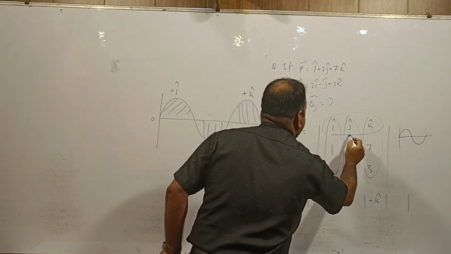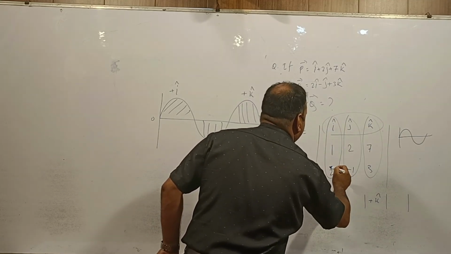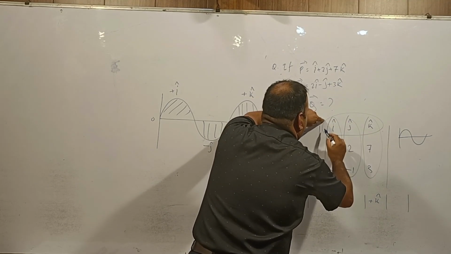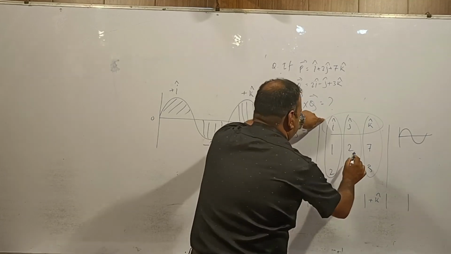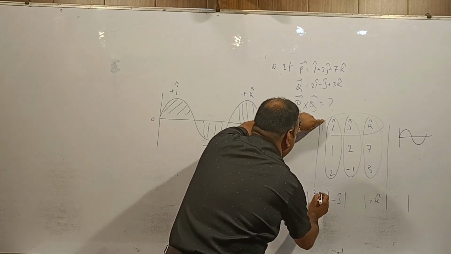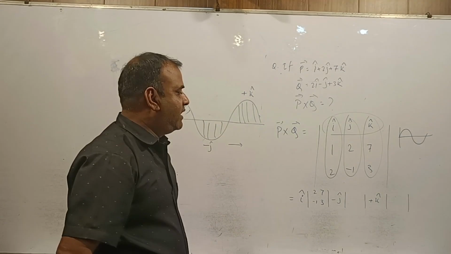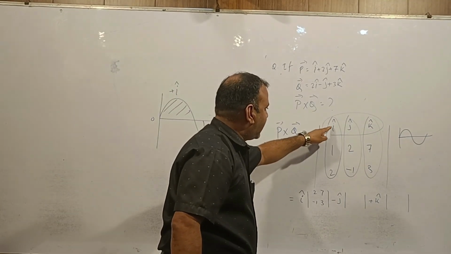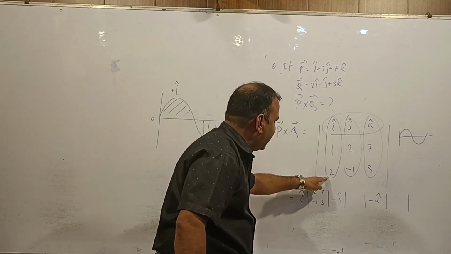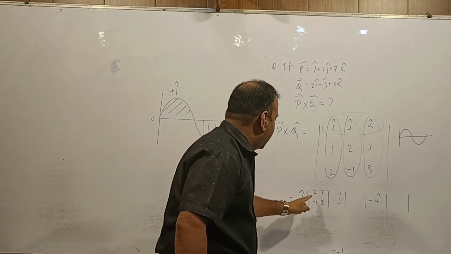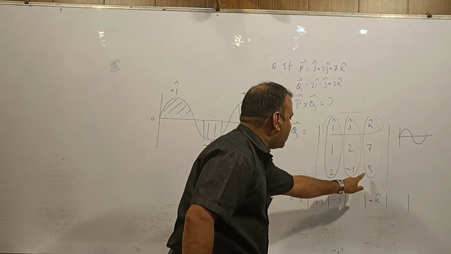That means this is the first row and first column. So when you are taking i, it is related with the first row and first column. So the remaining part will be 2, 7, minus 1, 3. Keep in mind, students, here I have taken i. i is related with this line and i is related with this line. So that is why the remaining part will be 2, 7, minus 1, 3.